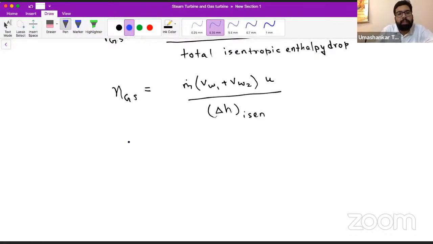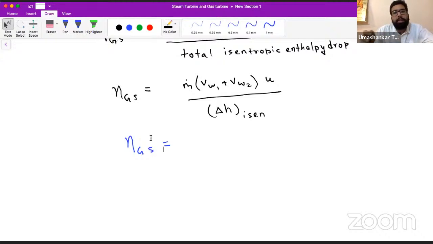Gross stage efficiency tells you that when we are doing staging, there must be some loss. So what is the actual enthalpy drop due to which we are getting some work?